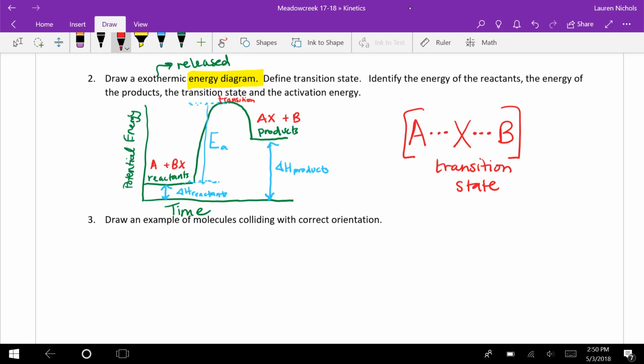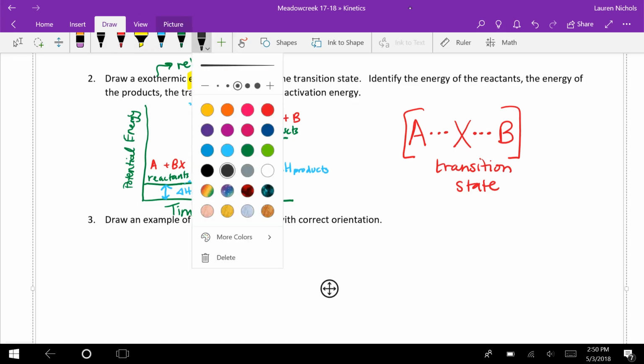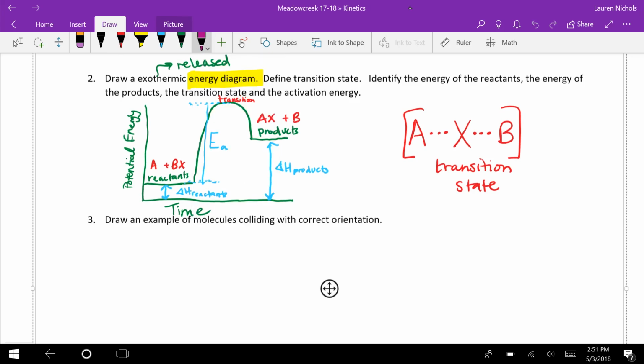One thing to keep in mind is I like to use the idea of a ball rolling up a hill to help with this image of activation energy. So let's say the ball is right here, okay?